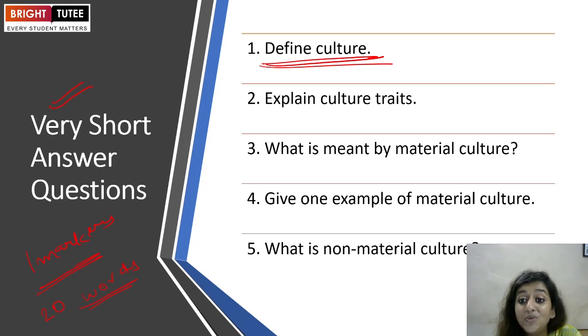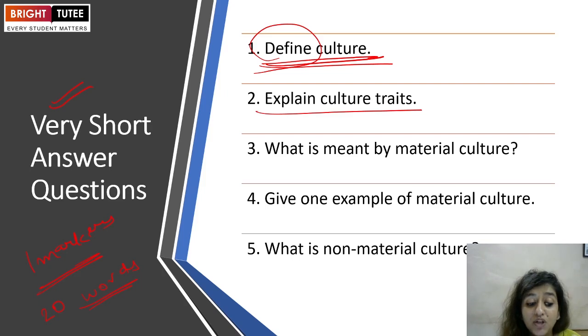I am talking about at max 20 words, because you can answer it in one word as well if the question gets satisfied. But if the question needs explanation, and because it says define here, then at least 20 words is what they would be looking at. So yes, the first question being define culture, it means the way of life found in the society in the sociological aspect.